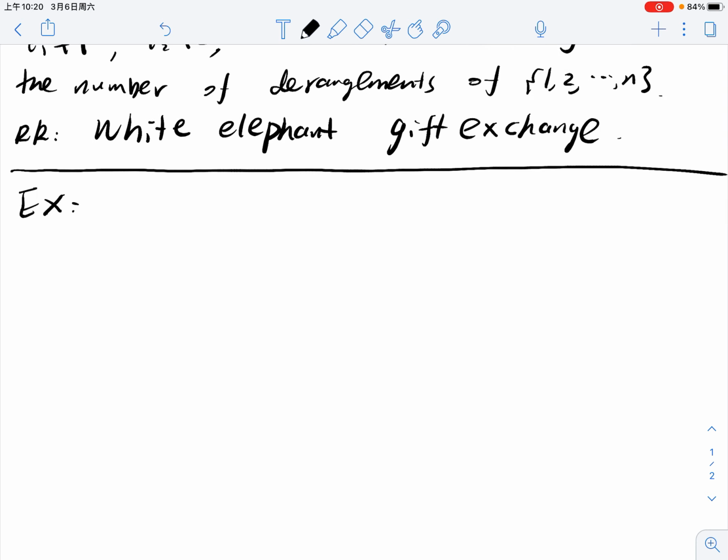Now, just like what we did for permutations, before we study the final properties, we start by investigating the number Dn. When n is 1, it's easy to see D1 is 0. When n is 2, the only allowed derangement is 2, 1, so D2 is 1.